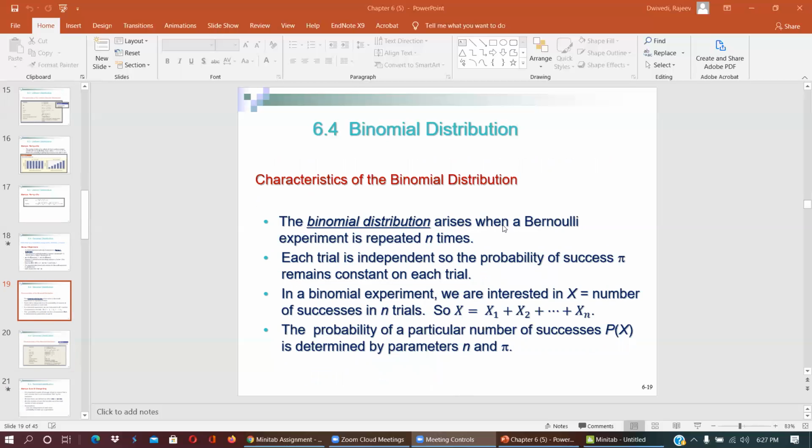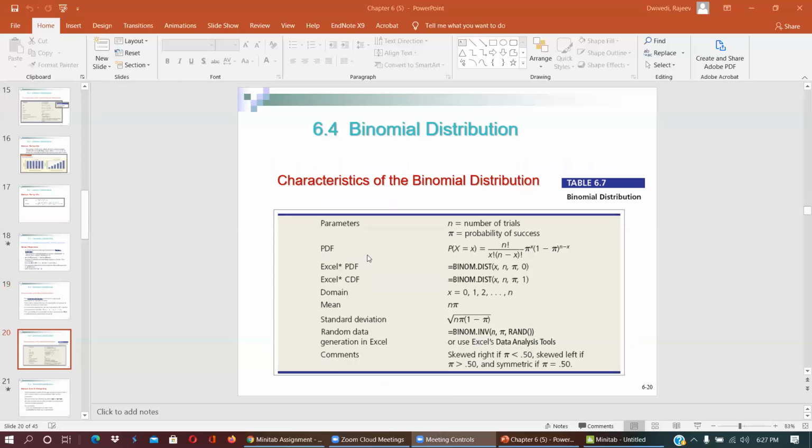So here is the binomial distribution. This is just to read here. Look into these parameters: number of trials, and pi is a probability. This is the PDF function. We are not going to remember all these equations or formulas. We are just going to work on Minitab to understand the question and get the answer.